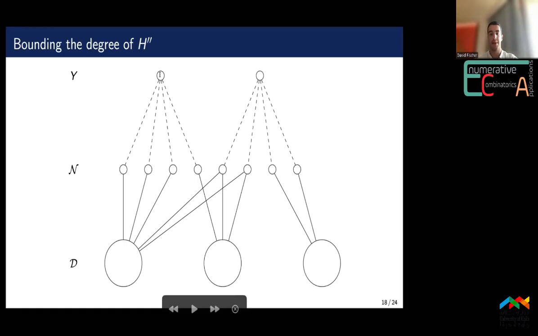And so that means that there can be at most 3 of these guys. And so what happens if the degree of one of these components is too large? Well, by a pigeonhole argument, 3 of its edges will have to go to one of the members of Y's neighbors. So we see here that this vertex of H double prime has degree 5.